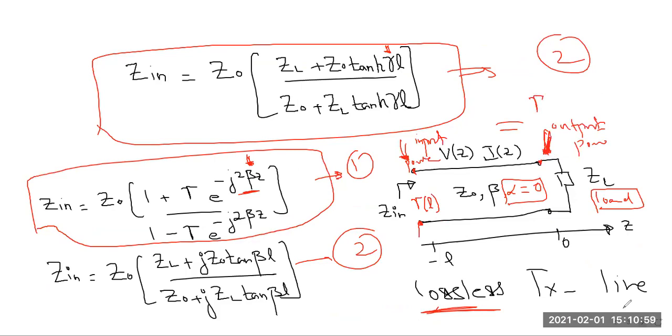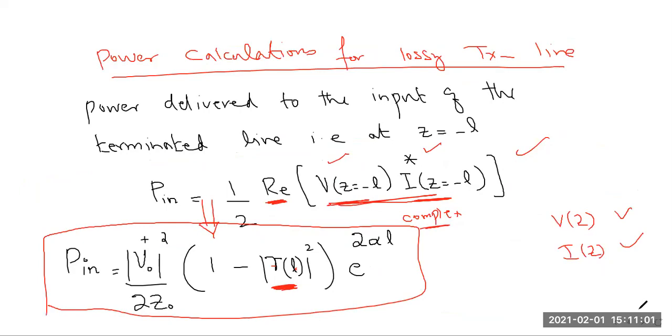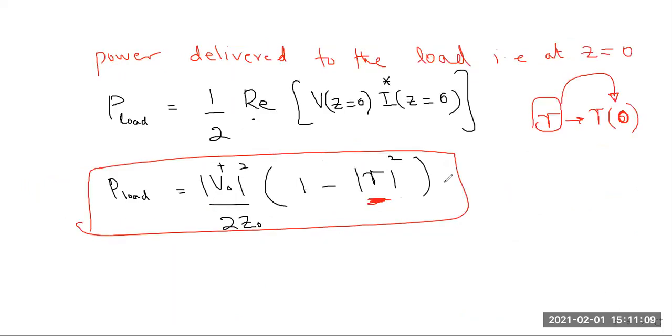Once we know the general expression for the power available at the input and the power available to the load, we now have a very simple situation: we know P in, we know P load.